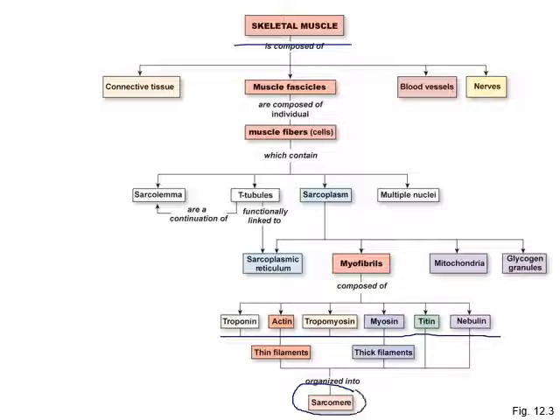Okay, and so down the line we have that repeating pattern of sarcomeres, down those myofibrils, those rod-shaped organelles. And so we're going to get all these sarcomeres. We get all that myosin interacting with that actin and pulling that actin closer together.